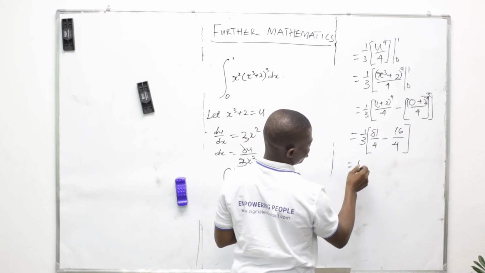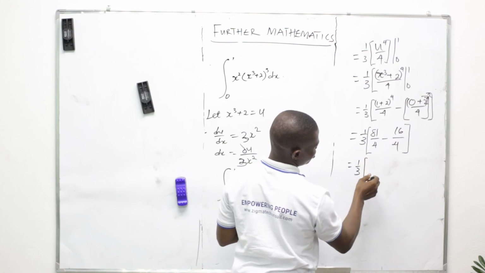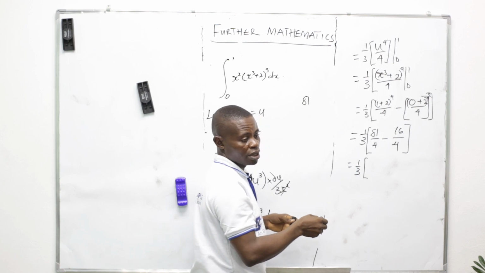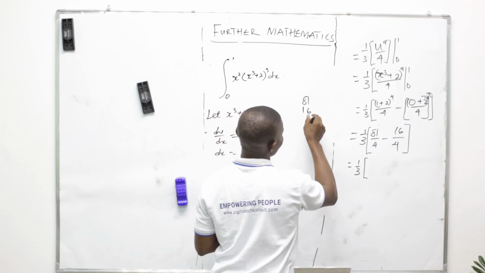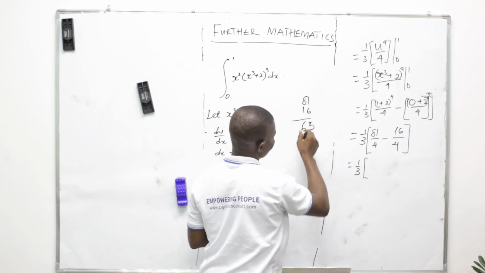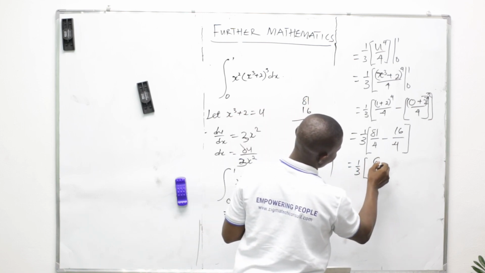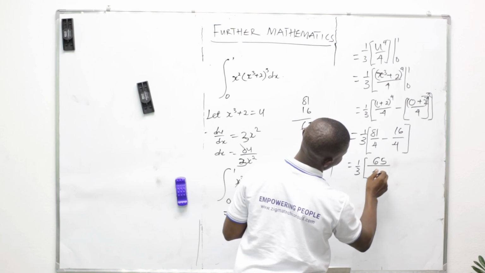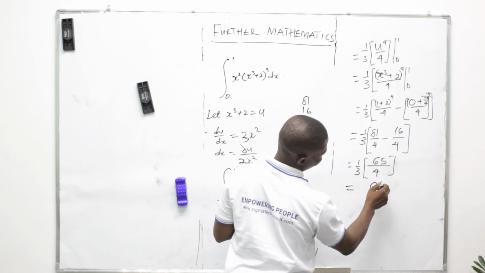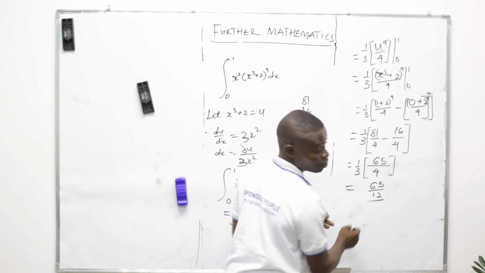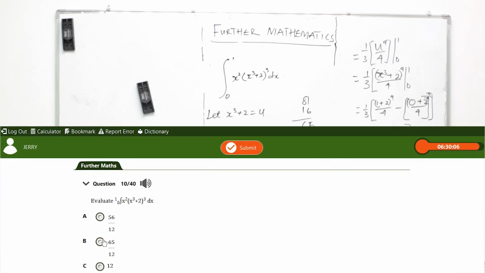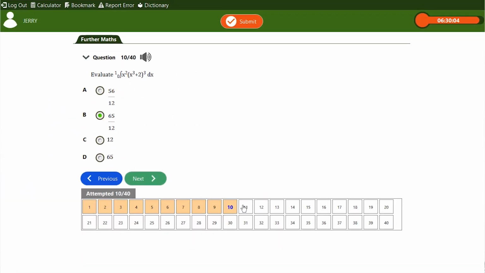So 1 over 3 into (81 minus 16) all over 4. 81 minus 16 is 65. So we have 65 all over 4 into one third, giving 65 all over 12. That is option B.